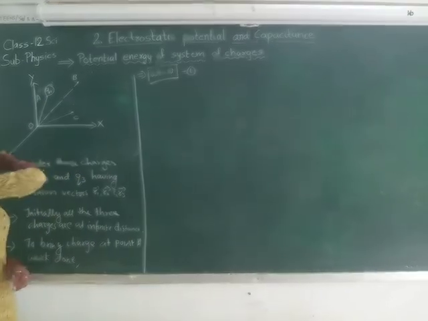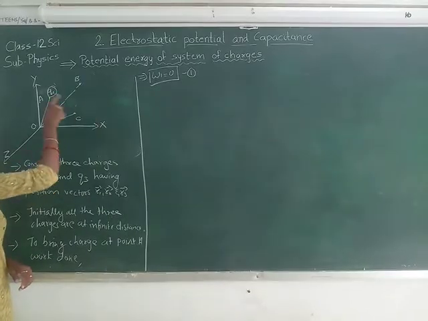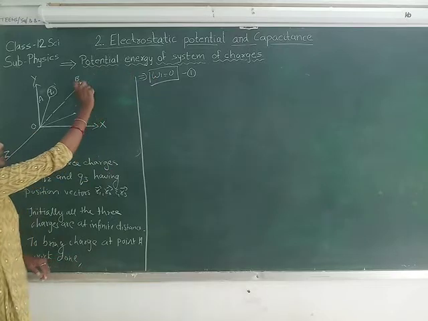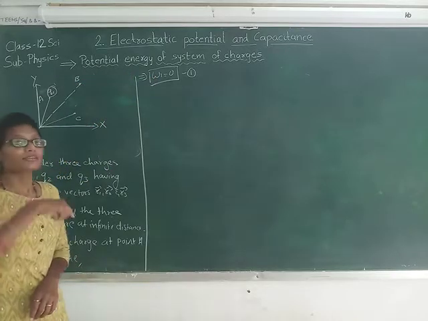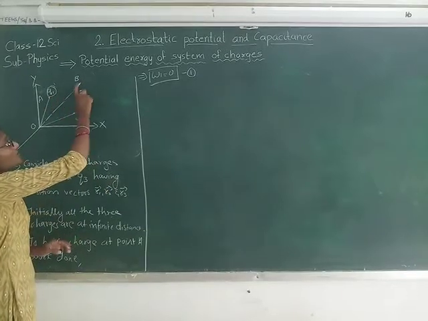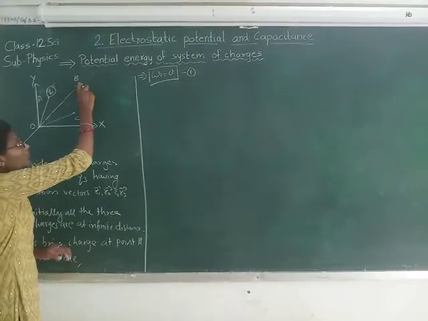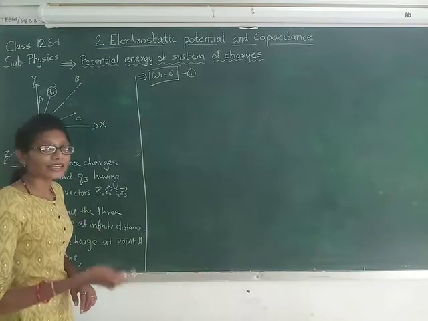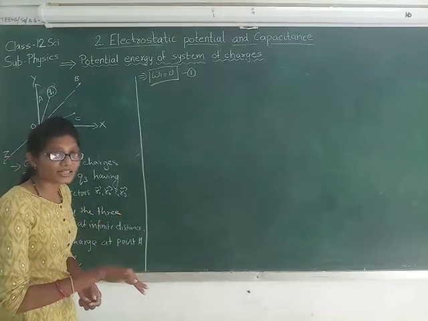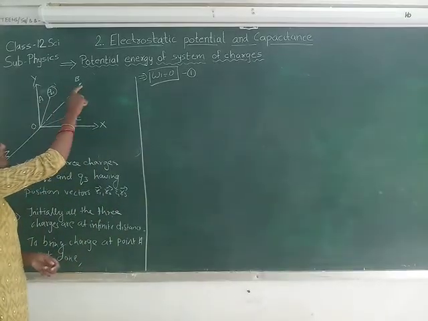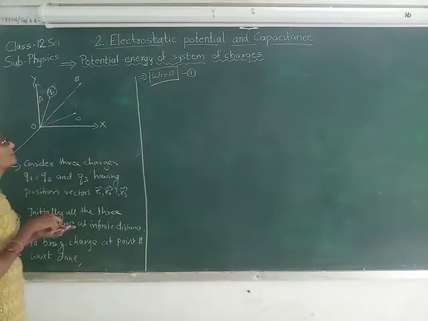Now Q1 is a positive charge and an electric field is created around it. Now when I want to bring the charge Q2 to this point B, this charge will repel the Q2 charge away from it. So I need to apply an external force to bring that Q2 charge near to Q1, right?